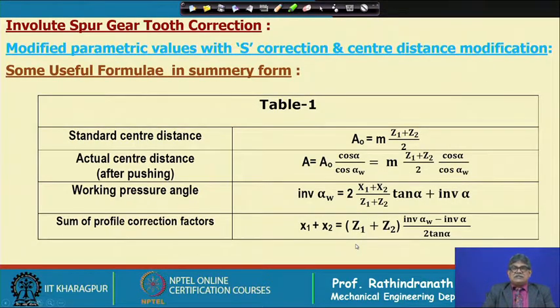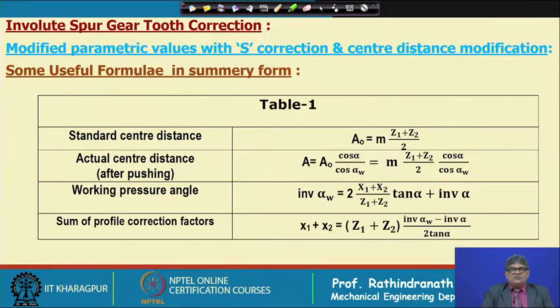Next, we can now calculate the amount of corrections. Say for example, we have taken 16, 24, 16 teeth. As it is a high speed, we can directly take a correction such that it will come close to 18 teeth.